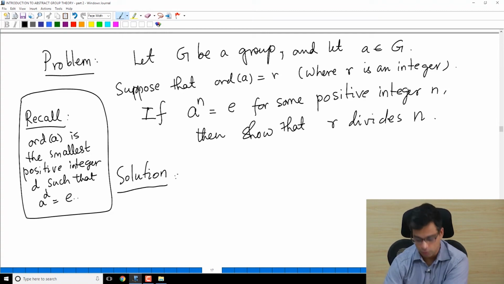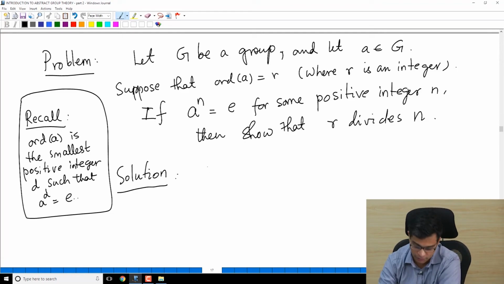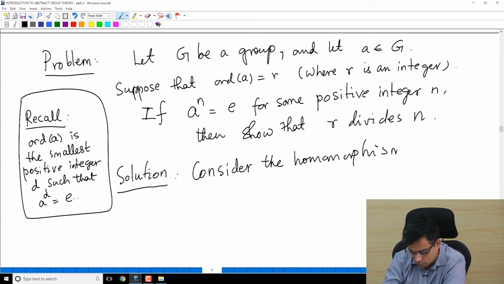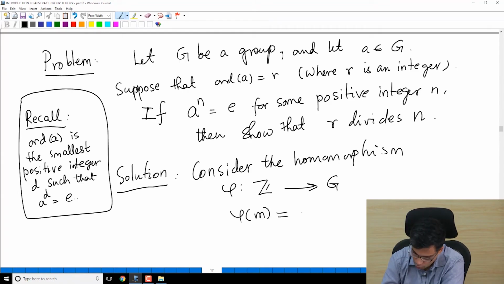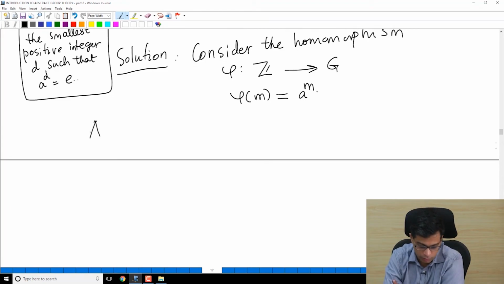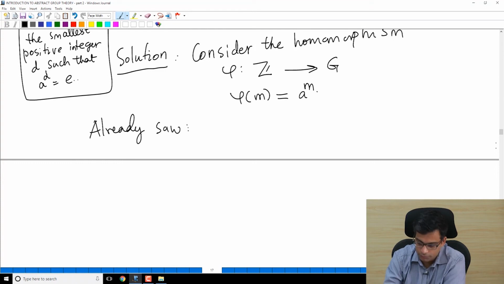I am going to recall for you another description of the order that I gave after I defined homomorphisms. Consider the homomorphism phi from Z to G which sends some integer m to A^m. In an earlier video we already saw that phi is a group homomorphism.